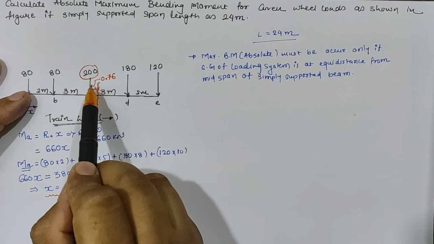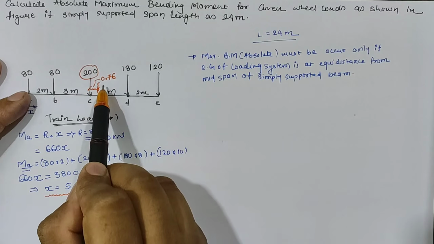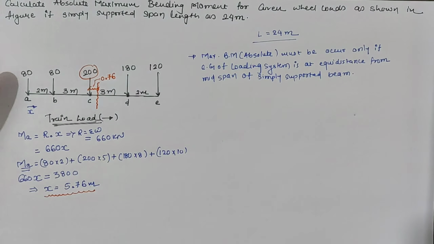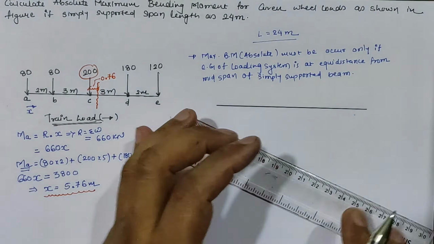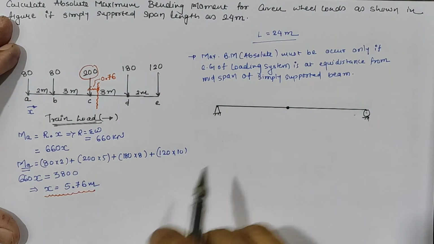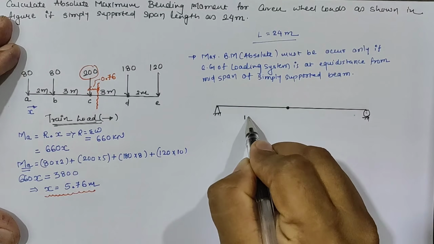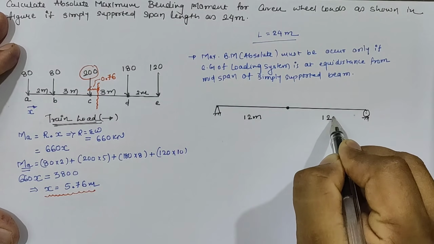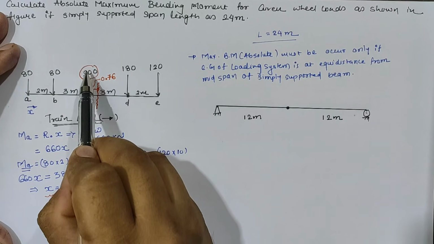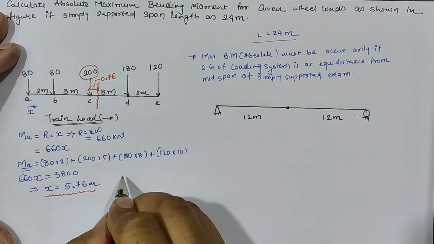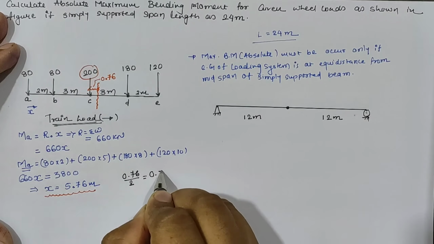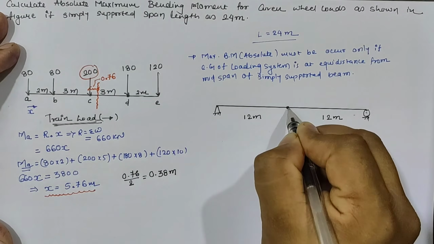Now this CG must be at the center of the span as equidistance. For the given 24 meter span, if we take the center of the span at 12 meter, then the 200 kilonewton load must be placed at 0.76 by 2 as equidistance. It means at a distance of 0.38 meter from the center of the span.